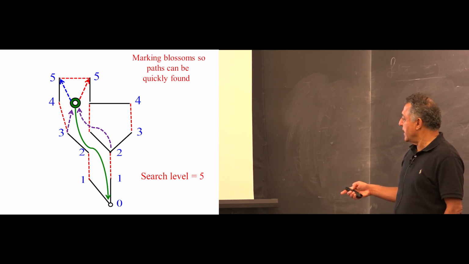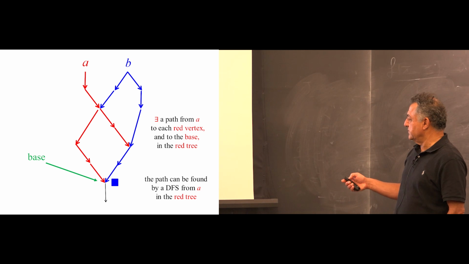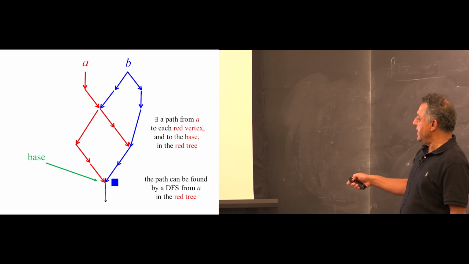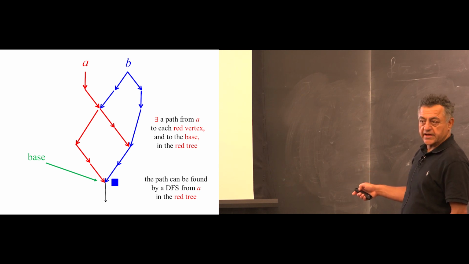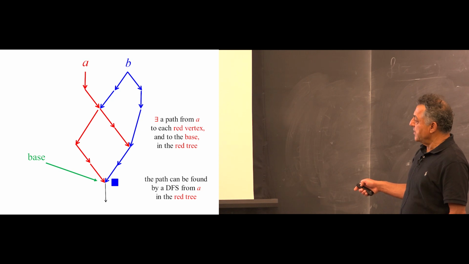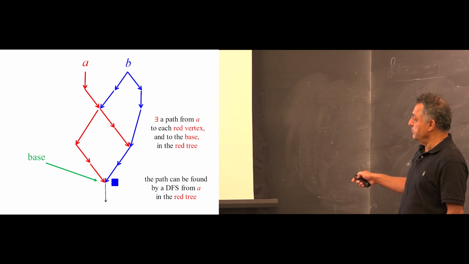So I'm using here these things that I talked about yesterday. There's a red tree and a blue tree with these 2 as the roots, A and B, and there's a red path from A to each of the red vertices and to the base, and there's a blue path from B to each of the blue vertices and the base.